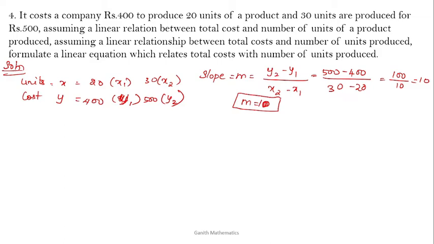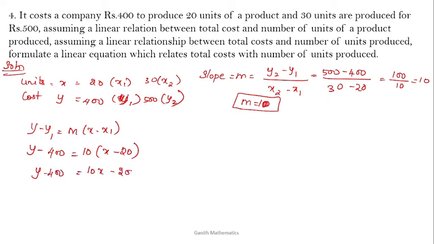If you find your m, then you can substitute into the point-slope form. That is, we know that y minus y1 is equal to m into x minus x1. Any one of the points you can take. Y minus your y1 is 400 and m is equal to 10. X minus x1 is 20. So y minus 400 is equal to 10x minus 200.